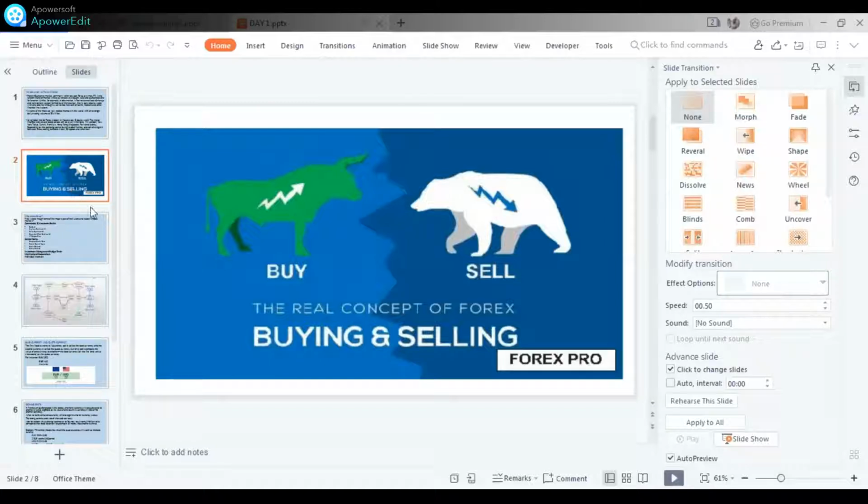You can see that the bull is for the buyers and the bear is for the sellers.